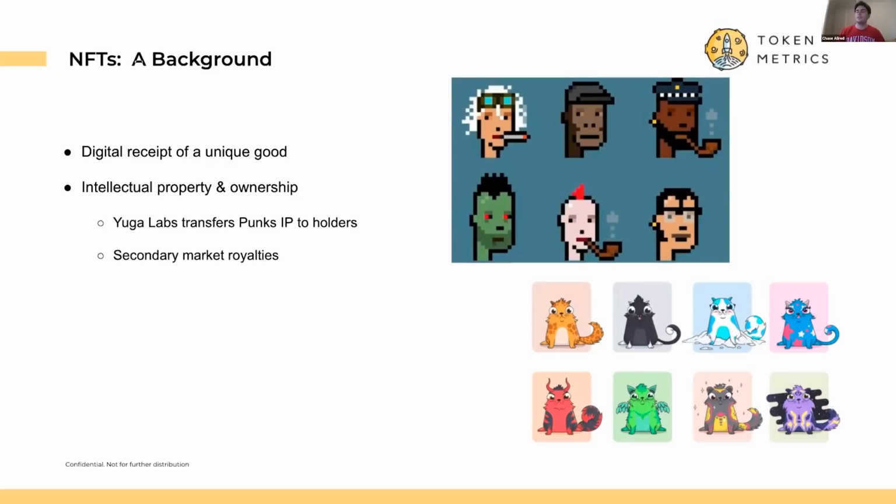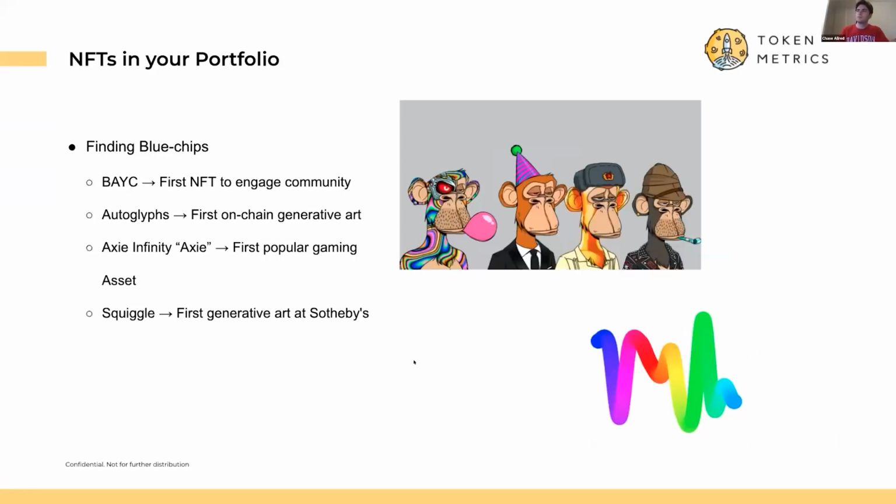So obviously that's a huge reason why we've gotten a lot of big artists to come into the space. Takashi Murakami is a very famous contemporary artist. He'll be releasing a collection where he gets 7.5% royalties on each NFT sold forever, which is something really interesting and something that I feel like is very important to growing the community within the NFT space.